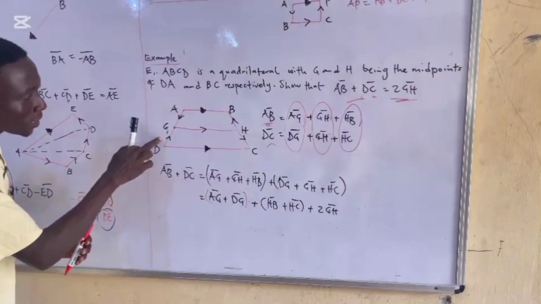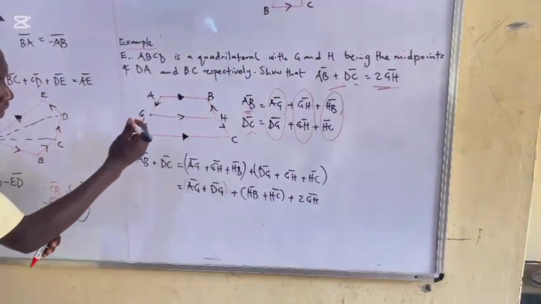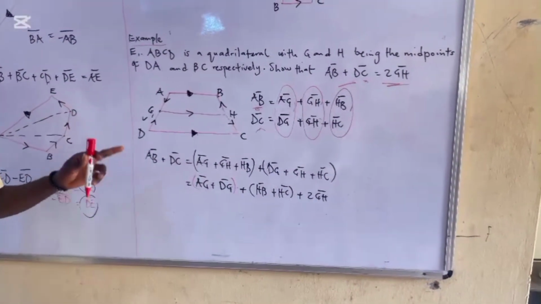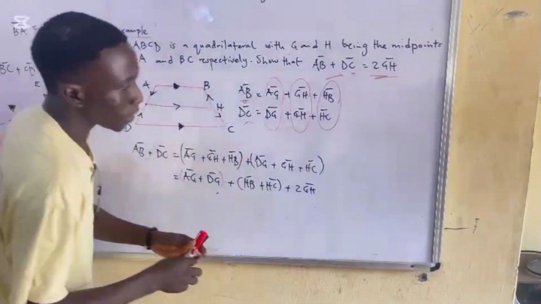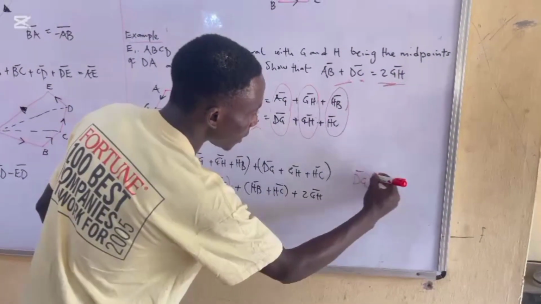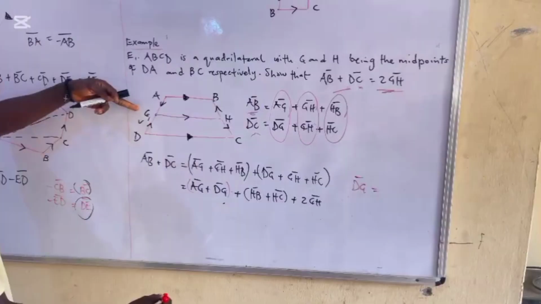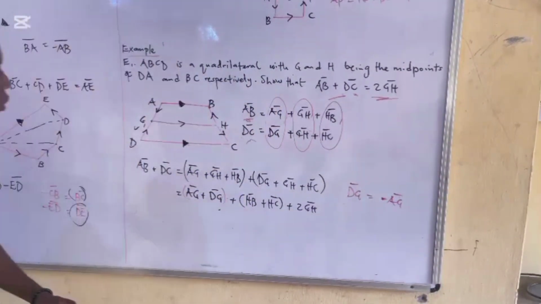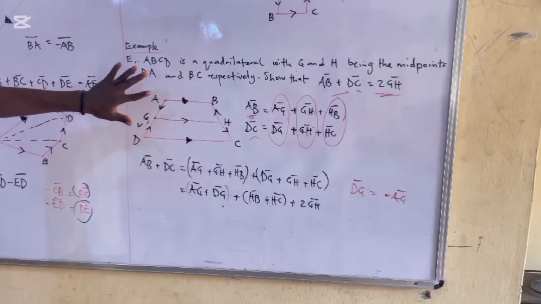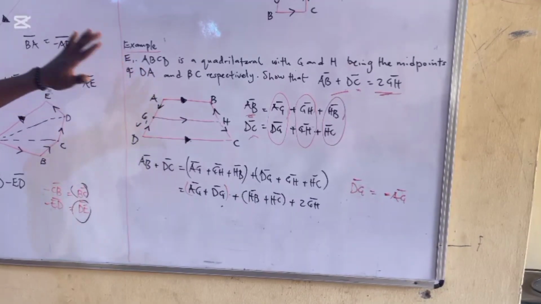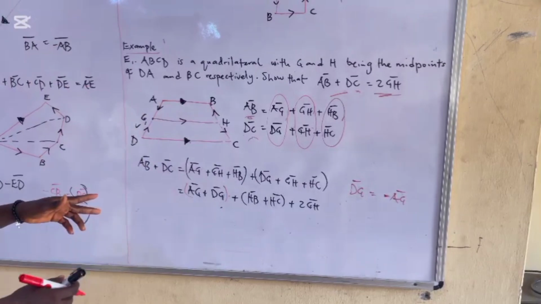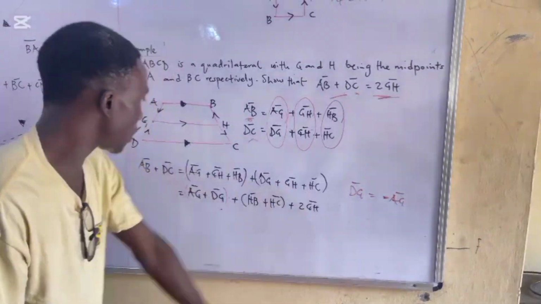So that means I'm changing this direction to this way, coming downwards. So that means DG is also known as minus AG. Because before it was opposing AG, so I turned it to the direction of AG, making it minus AG. Can you understand that?